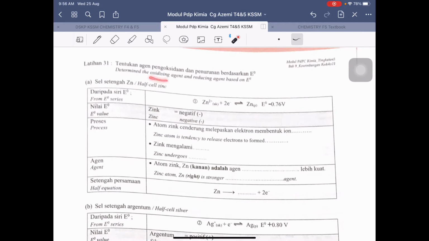Okay, now let us go to this Latihan 31. Determine the oxidizing agent and reducing agent based on E0. So you need to determine, tentukan mana satu oxidizing, mana satu reducing. And you need to understand that kalau dia adalah oxidizing agent, it will undergo, sebaliknya apa?